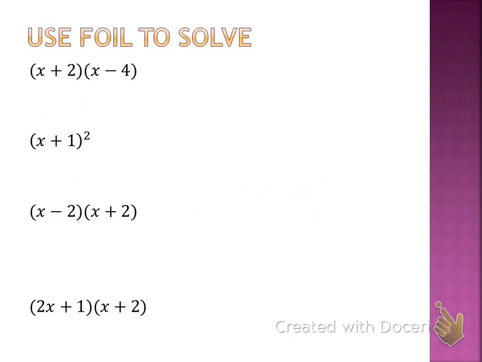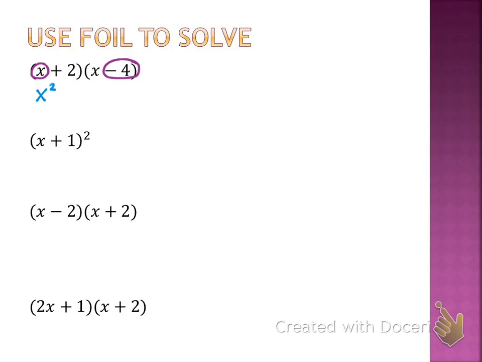So in this next example, we're going to use FOIL to solve 4 different expressions. Again, I'm going to circle so you can see. You don't have to circle on your paper, but the first terms, because I know F means first. So x times x is x squared. Next, I have outside. The outside terms were x and -4.